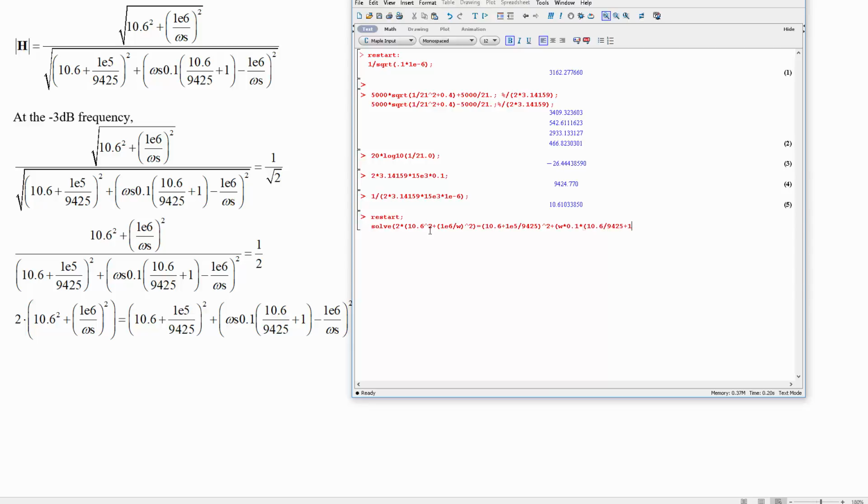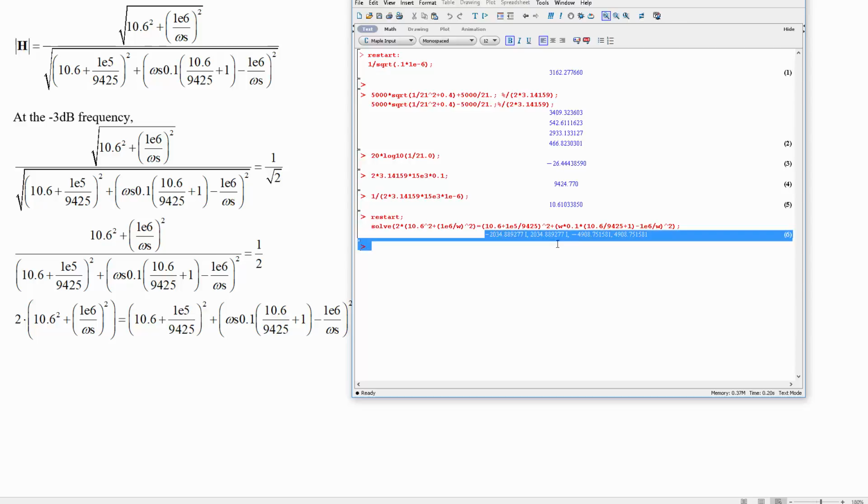Just shout it out if you see me type something wrong. Minus 1e6 over w squared. Yeah, so let's give that a shot. And we expect to have only one viable answer.